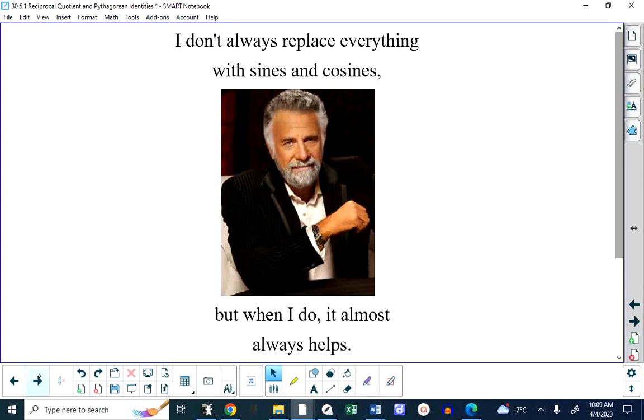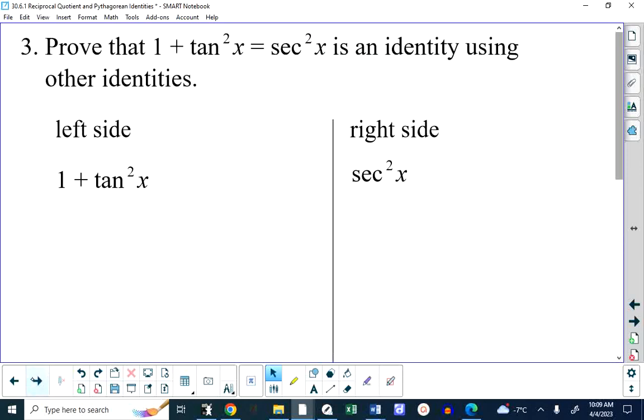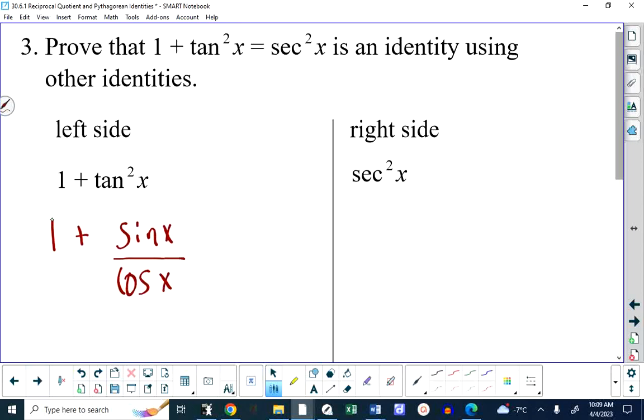Now, maybe everything already has sines and cosines, in which case you try something different. So how do we do this? Well, tangent of x is sine of x over cosine of x. How do I know that? Because I know it. Because it's a quotient identity. So tangent squared will be sine squared over cos squared.